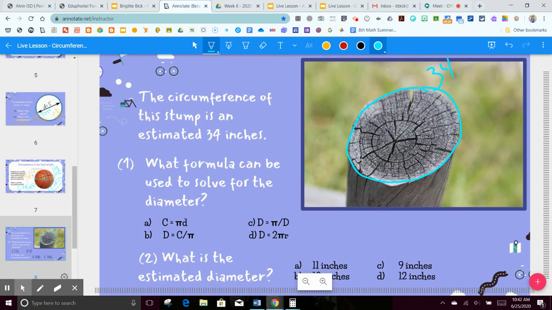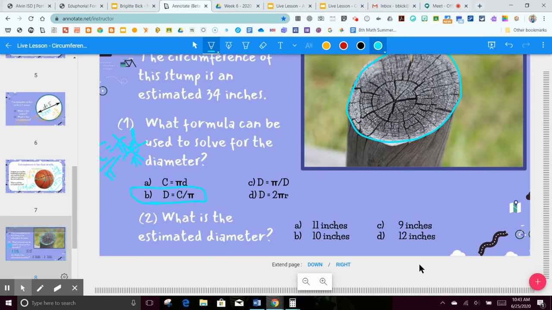When we rearranged our equation, we had C equals pi times D, and then we divided by pi to isolate the diameter. Okay, so C divided by pi equals diameter. There's only one that looks like that with just the opposite equal signs. Okay. Now they want us to use that to estimate the diameter.